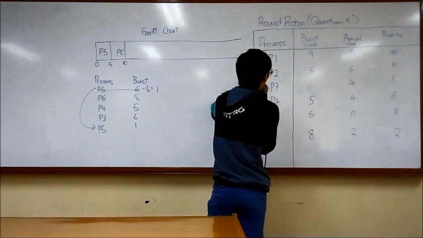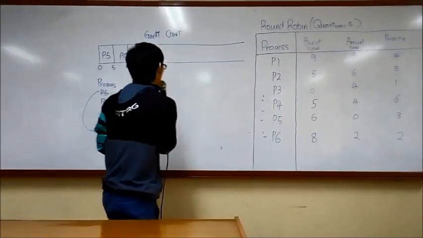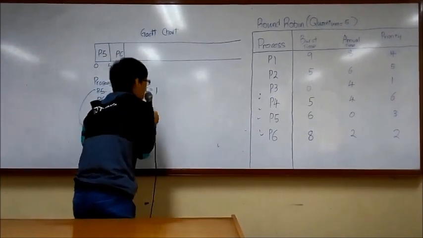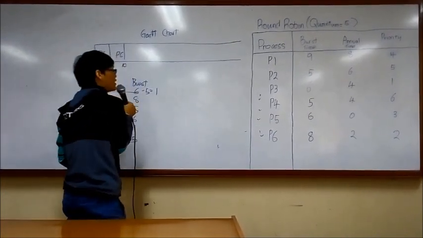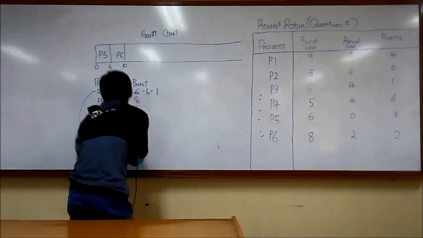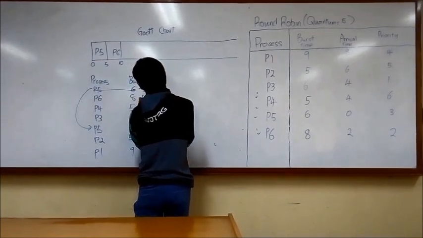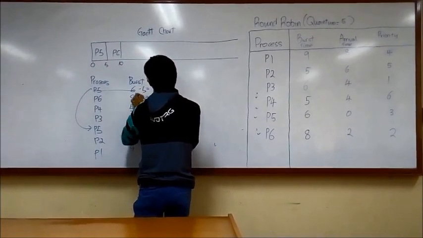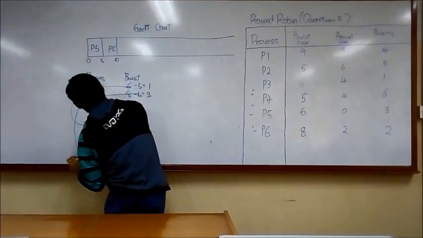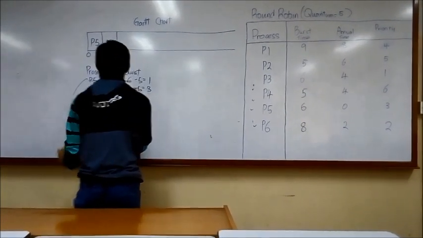In this question we got P1 and P2, with arrival times 6 and 8. The P2 burst time is 5 and the P1 burst time is 9. Same again, we need to minus 5, so 8 minus 5 equal to 3, and then cancel out. Bring the process P6 to the bottom, and the burst left is 3.